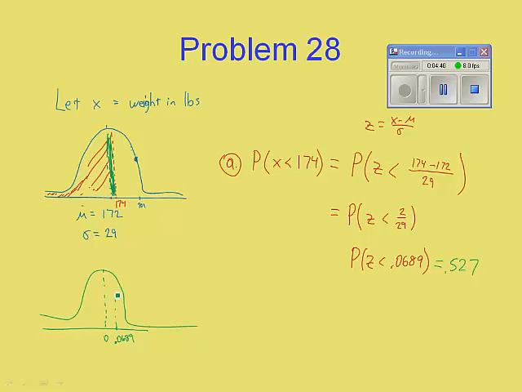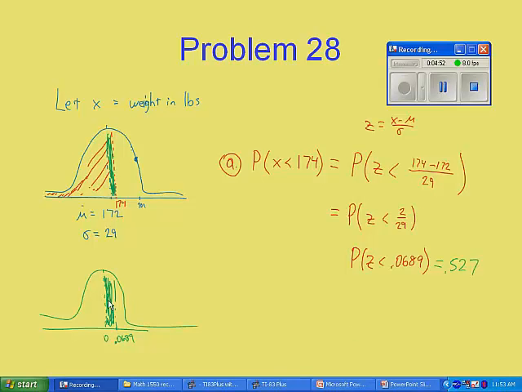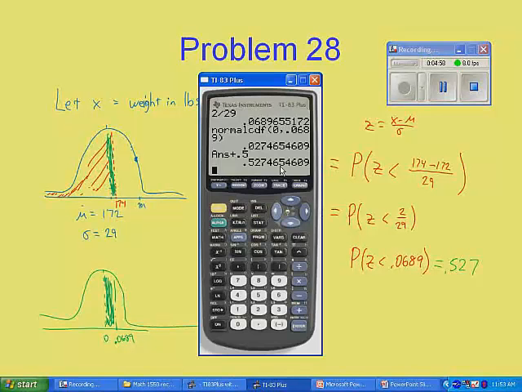So what the calculator gave me was this green strip of area, and that was 0.027. But I want the whole area, everything to the left. So I added on the extra 0.5 and got 0.527. I knew the answer would be bigger than 0.5, right? That's how I got it. Okay?